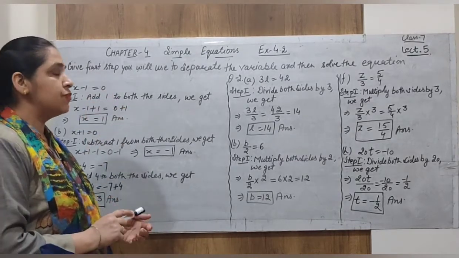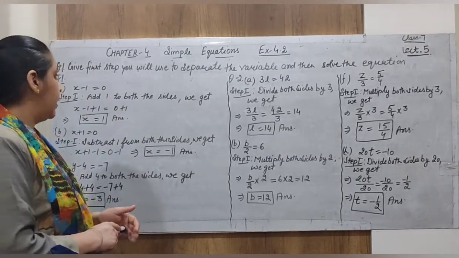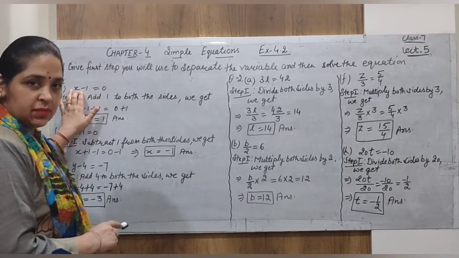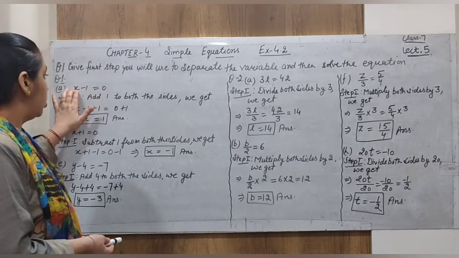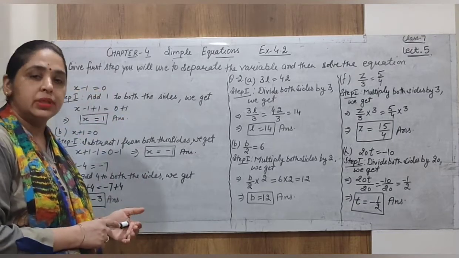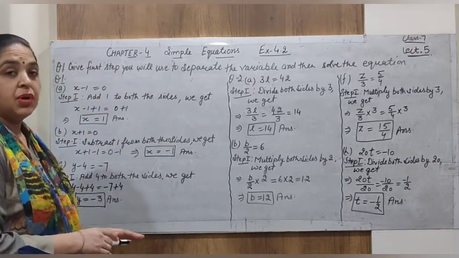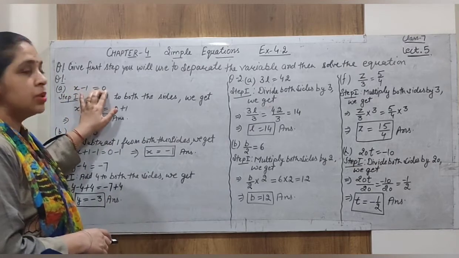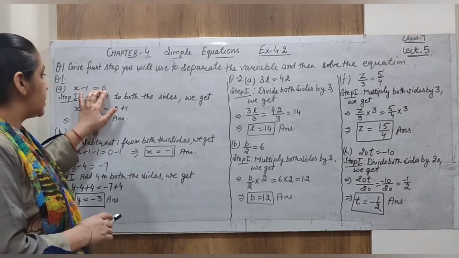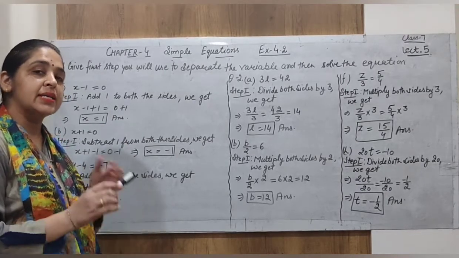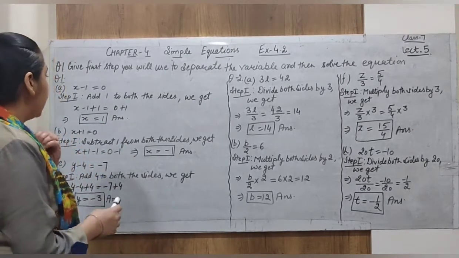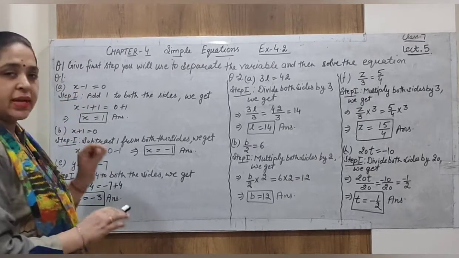In exercise 4.1 we understood that if the value of x is given, then we put the value in and see how the left hand side is equal to the right hand side. And if the left hand side is equal to the right hand side, it means the equation is satisfied. That we have done in exercise 4.1. In that exercise the value of x is given.